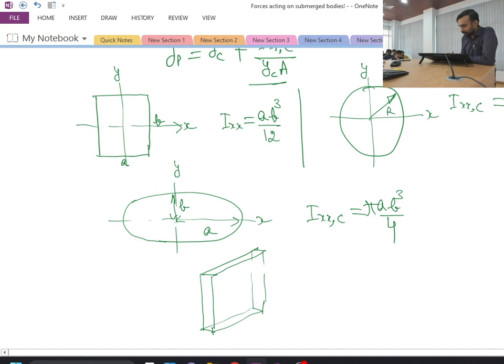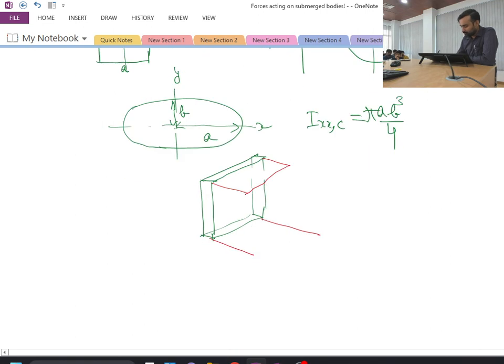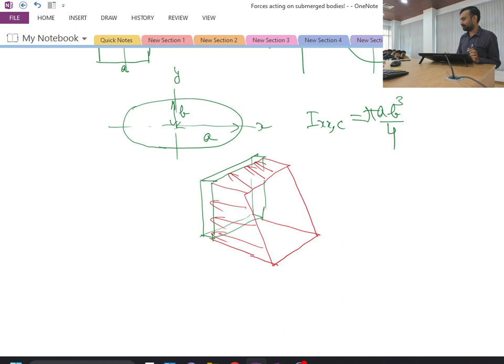From the top side the pressure is something like this, and from the bottom side the magnitude of the pressure will be more. If I see the total pressure distribution over this, it forms the shape of a prism.